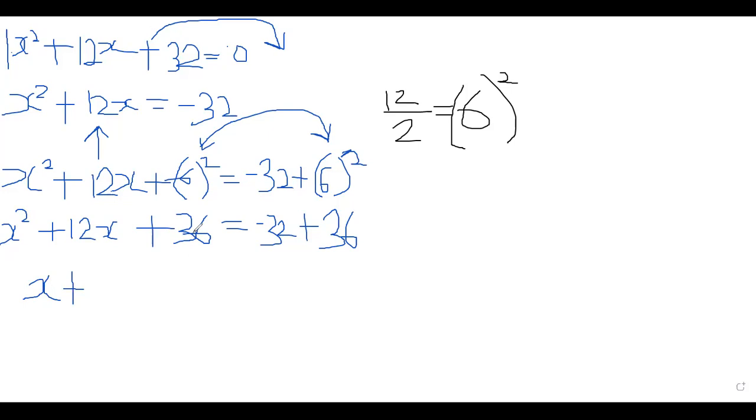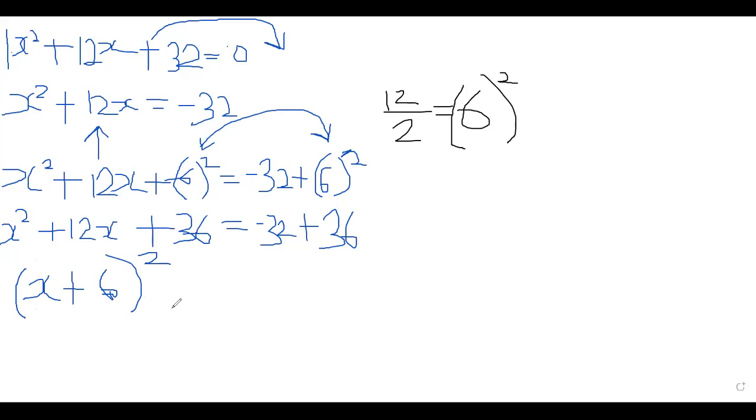Are you with me? Because 6 times 6 gives you 36. So you put 6 here. Then what do you do? You square it. Once you do this, you have exactly what you have above.